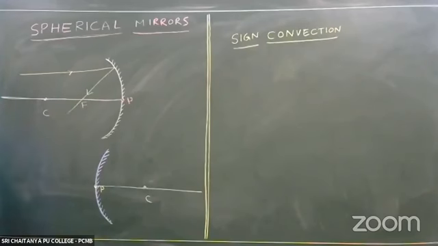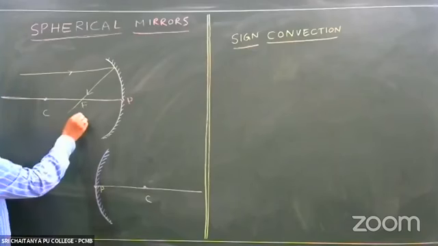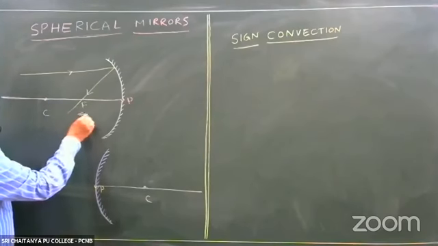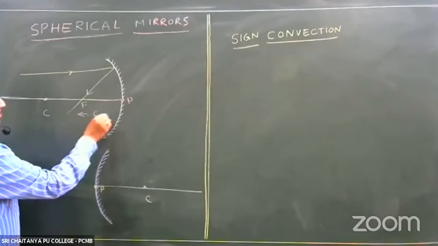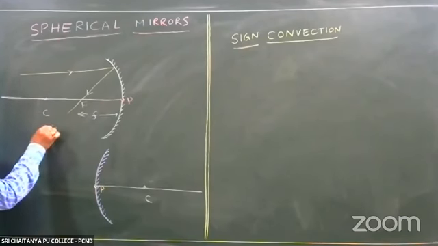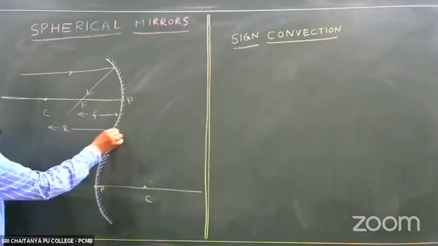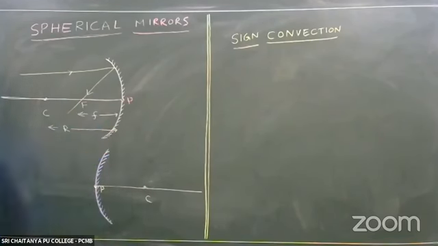The distance between pole and the principal focus is the focal length. The distance between the pole and the center of curvature is the radius of curvature. In the previous class, up to this we have discussed.